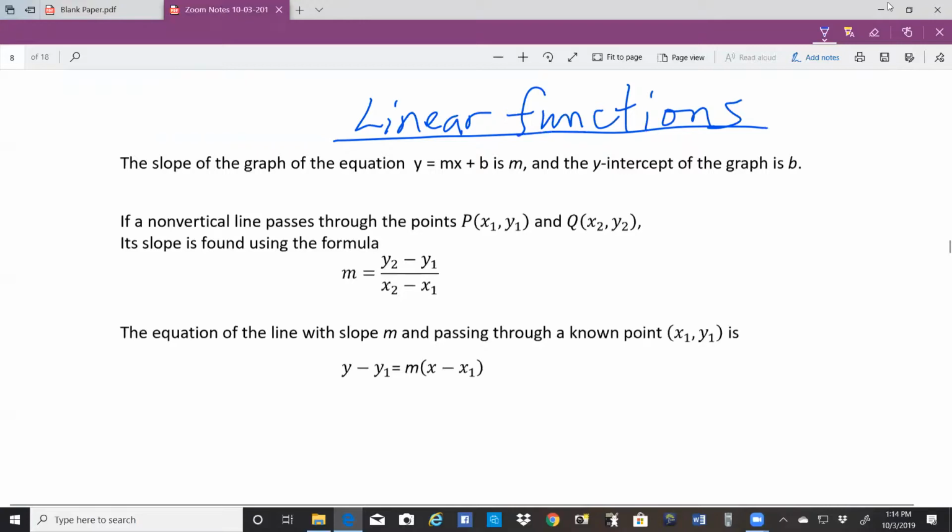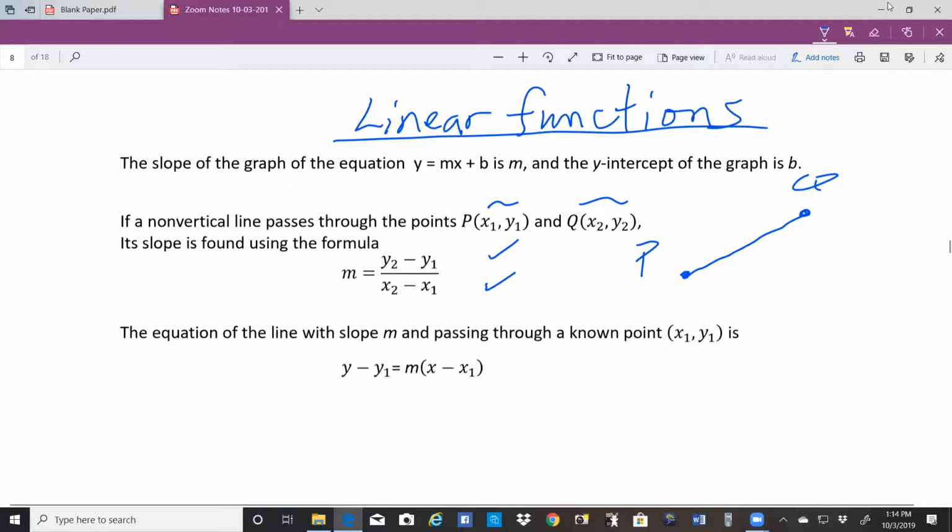One of the main things: if you've got 2 points, P and Q, and you have the coordinates, the slope of the line is simply y2 minus y1 over x2 minus x1.